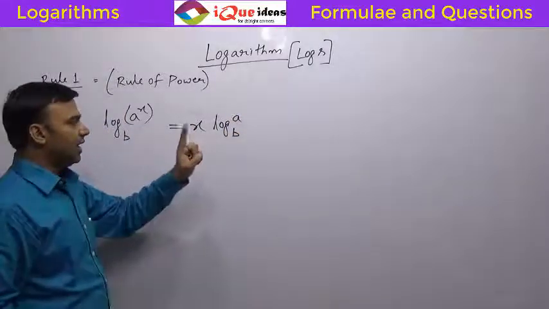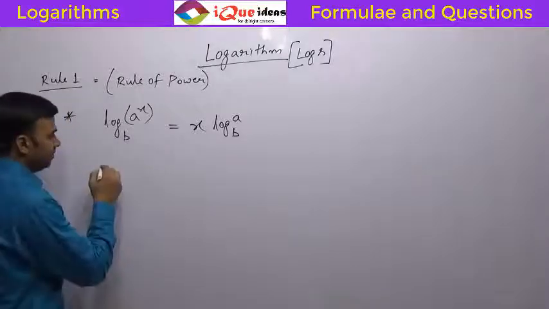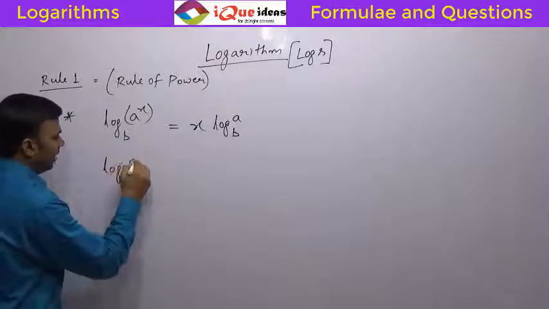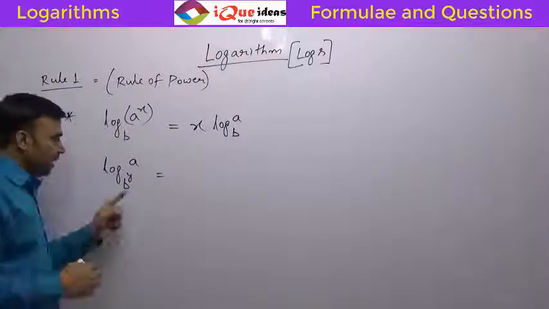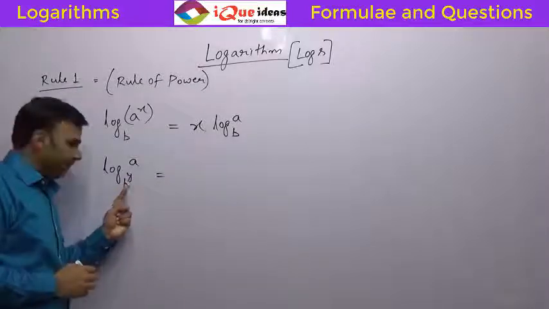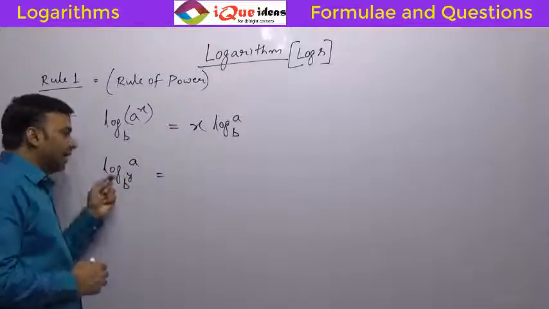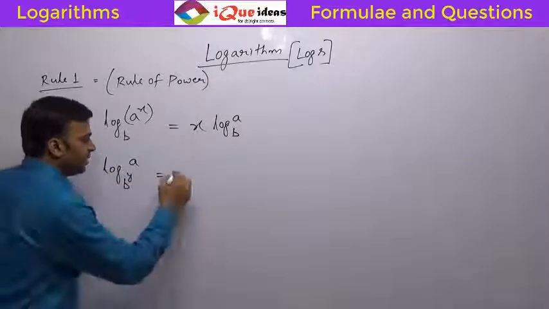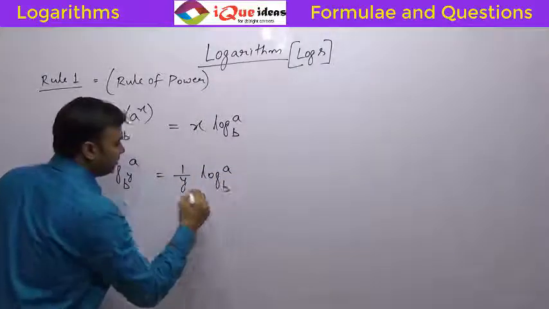Similarly, if there is a base which has some power, so let's say log of a to the base b to the power y. So what will happen? Even this power y, even if it is the power of base, it can come outside. But when it comes outside, it comes in denominator. So this can be written as 1 by y log a to the base b.